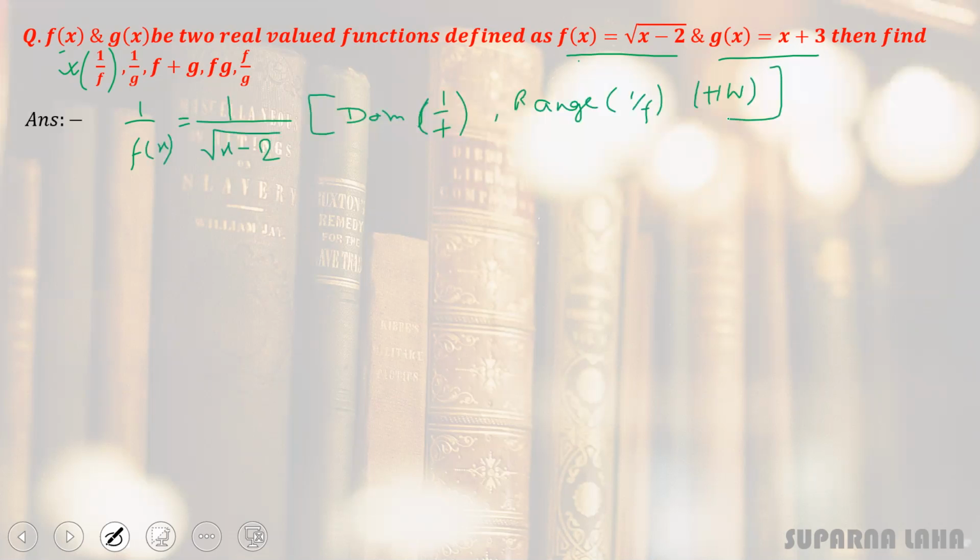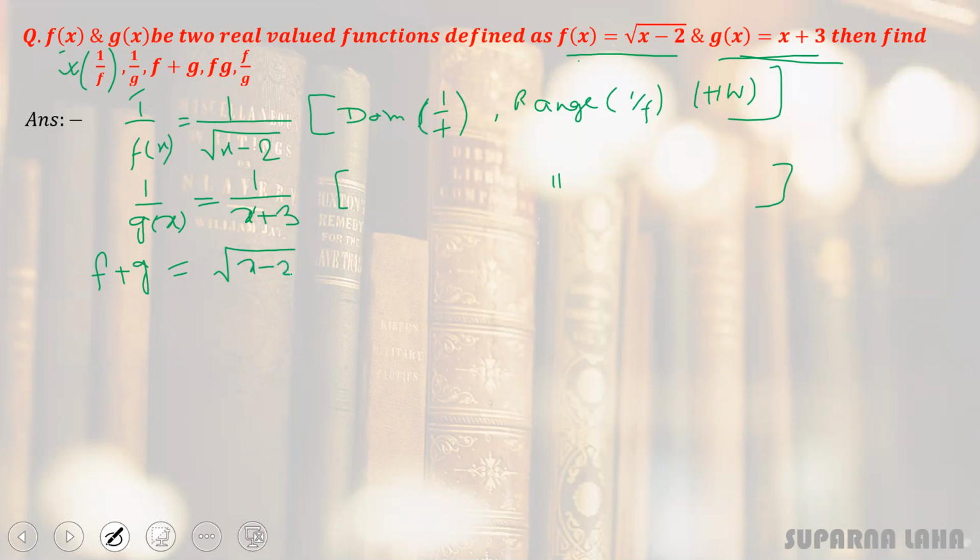Okay. Now moving to the second one, 1 upon g(x). g is what? x plus 3. So 1 upon x plus 3. Here also, same homework. Just find its domain and range of the function. f plus g. f is what? Root over x minus 2.